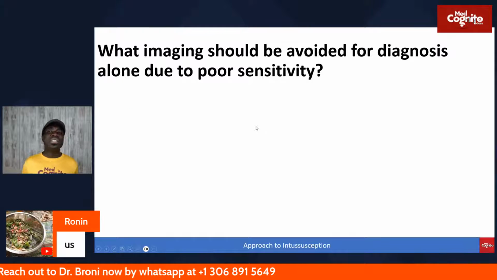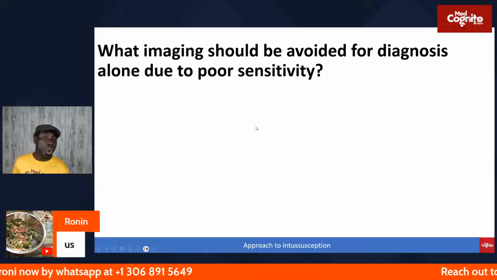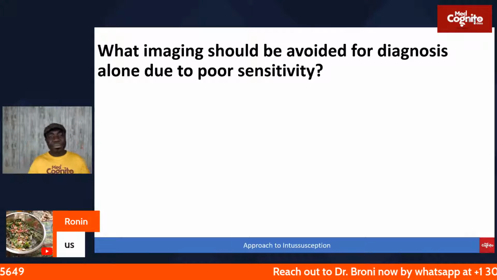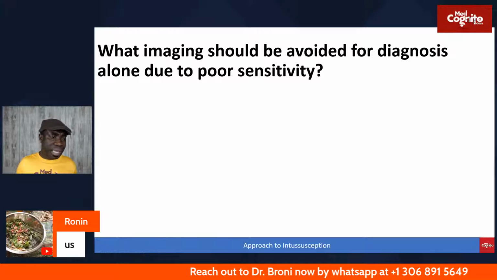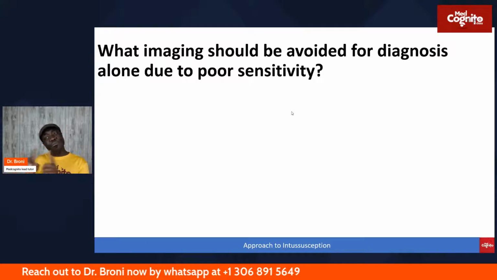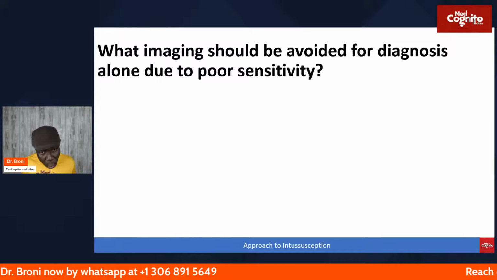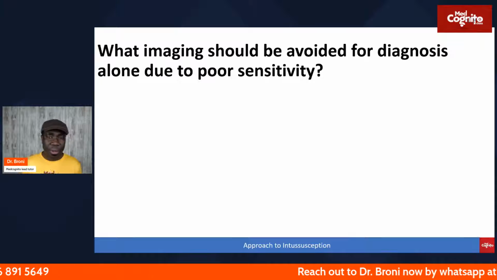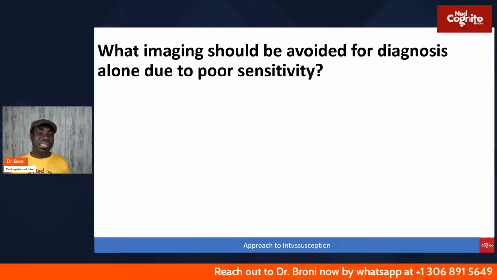Okay. What imaging should be avoided for diagnosis alone due to poor sensitivity?